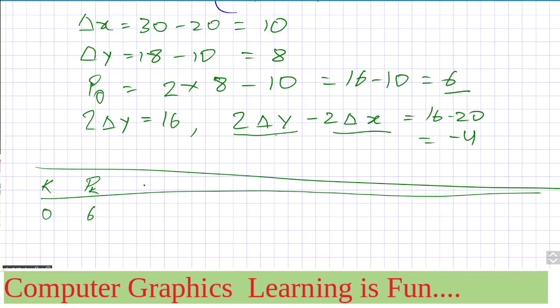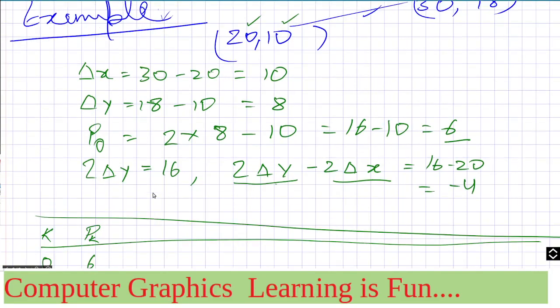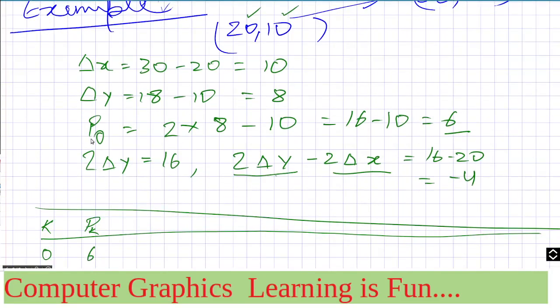Since the starting point is 20, 10, depending on whether the value of p0 was positive or negative, it was actually positive. So since it was positive, the y value will increase, right? So let us assume what will be your x k plus 1 and y k plus 1.